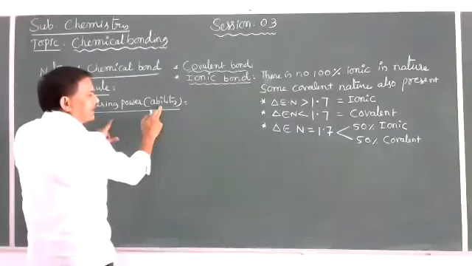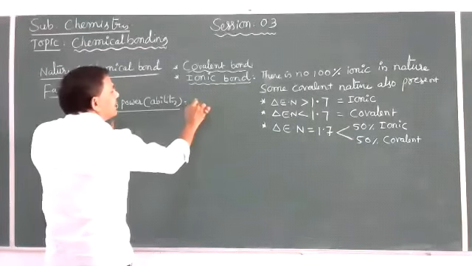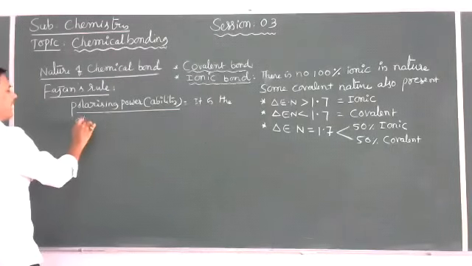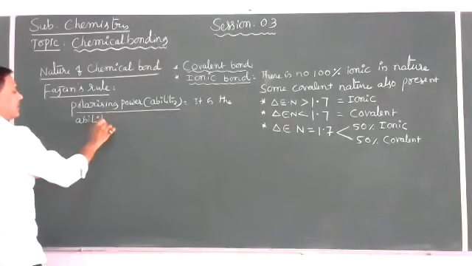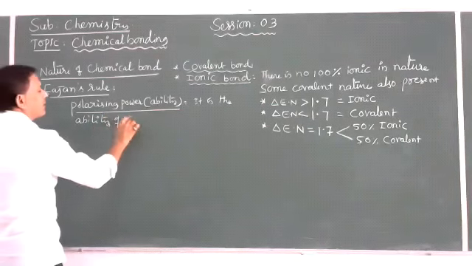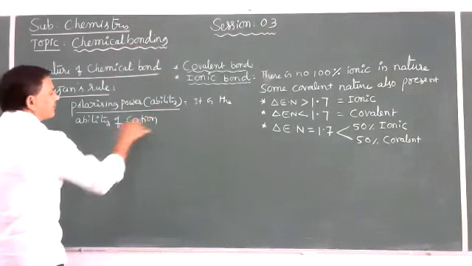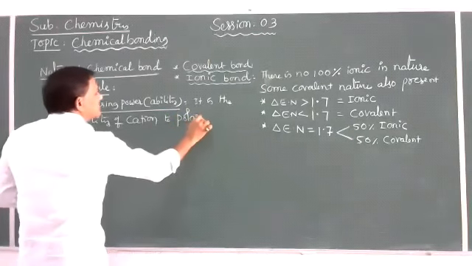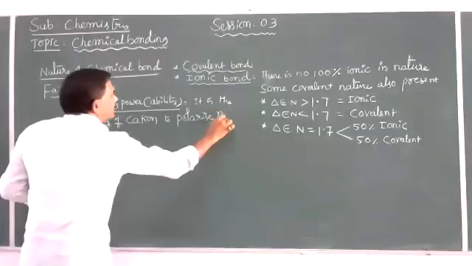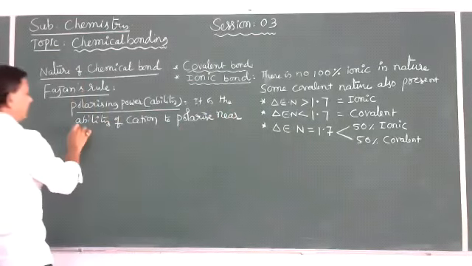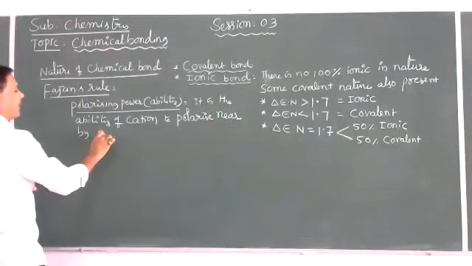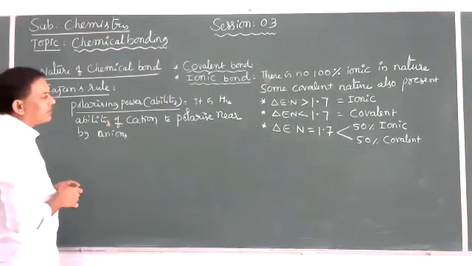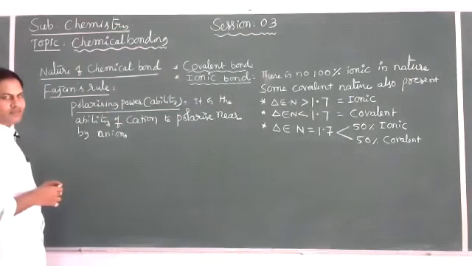Polarizing power of a cation is the ability of a cation to polarize nearby anions.